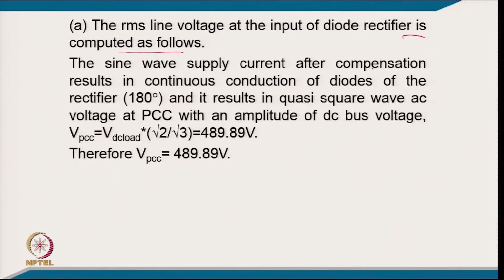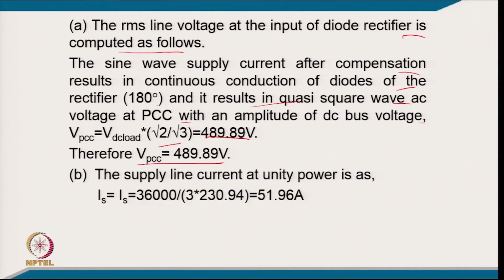So, the sine wave supply current after the compensation results in a continuous conduction of the diodes of the rectifier, and it results in a quasi square wave AC voltage at the PCC with the amplitude of the DC bus voltage, VPCC equal to VDC into root 2 by 3. So, it comes 489.89. Therefore, the PCC RMS voltage at the input of the diode rectifier is 489.89.